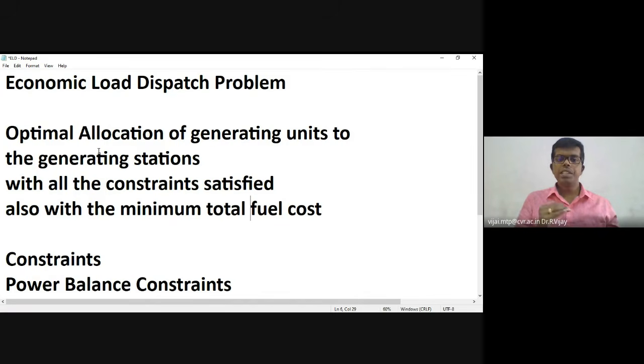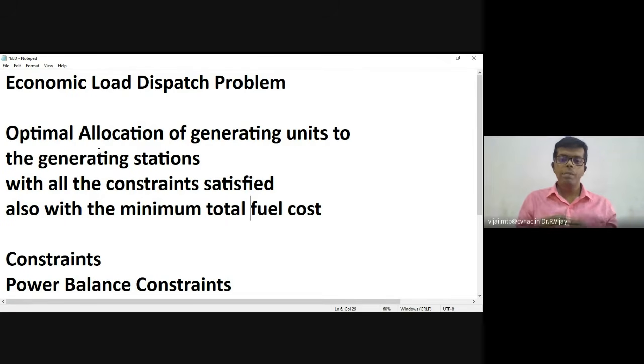So which generator will we choose? We need to select optimal generators. Definitely the third generator with the lowest cost, so that the total fuel cost of the whole generation will be minimized. Say, from the 10 rupees per unit, some 10 generating units are there, we'll choose those first.